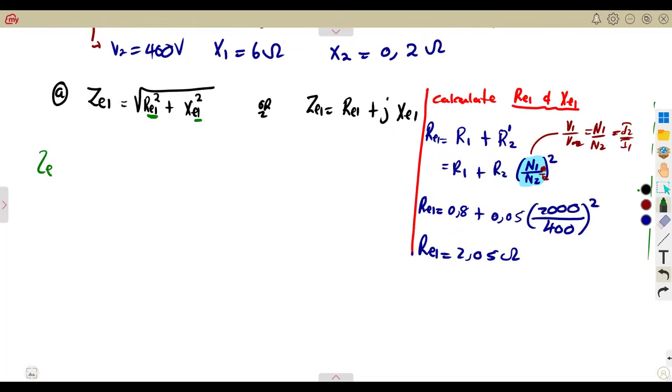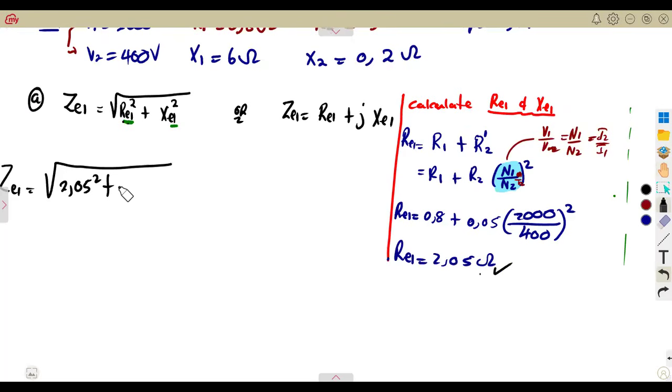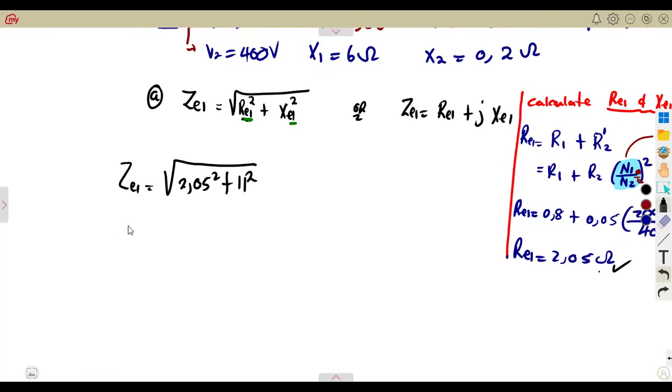The resultant is just going to be taken as the square root of RE1, which we calculated, that's 2.05 squared, plus our XE1 squared, which is 11 squared, just like that. Everything is under the square root. We simplify our ZE1 and obtain 11.189 ohms.